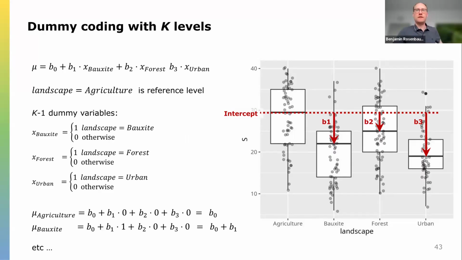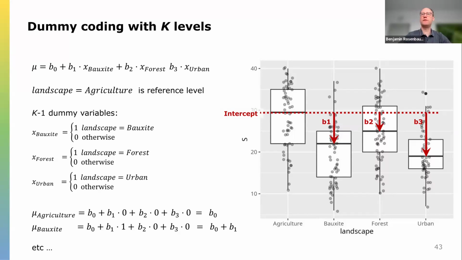Again, here the default is dummy coding. For each level of the predictor, or for each additional level apart from the reference level, another variable is introduced. So this is kind of weird and also, I would say, not so easy to understand.